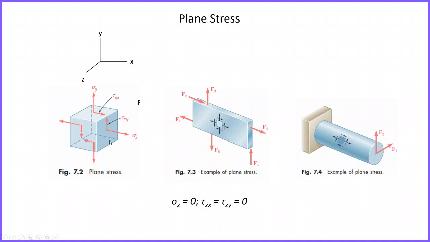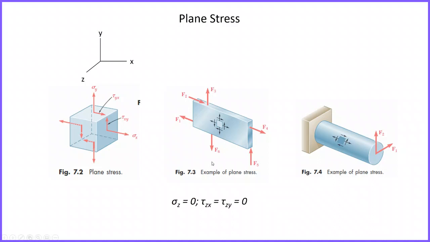And for this plane stress we can give an example. All the formulas I have shown you, Mohr circles and the stress transformation from plane stress, are also valid for a thin plate.